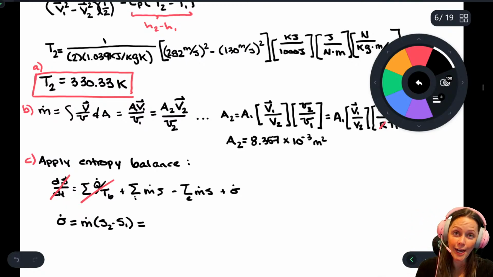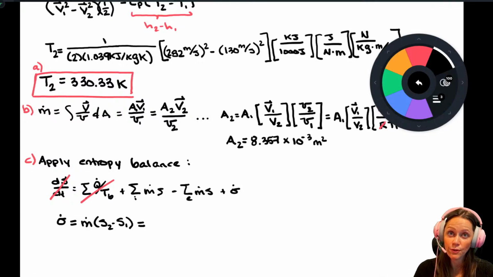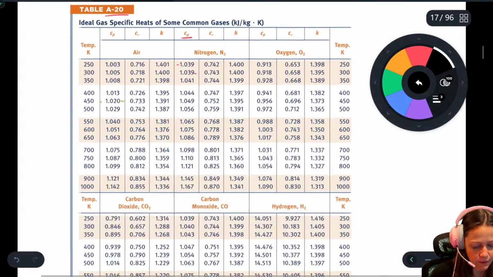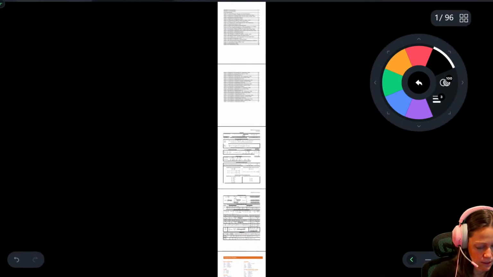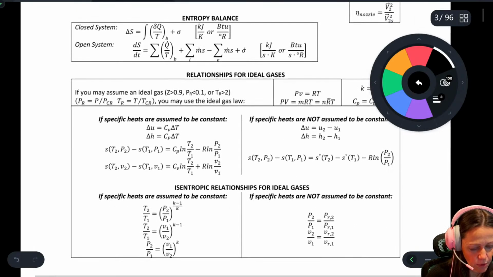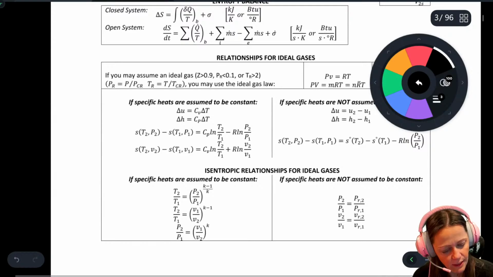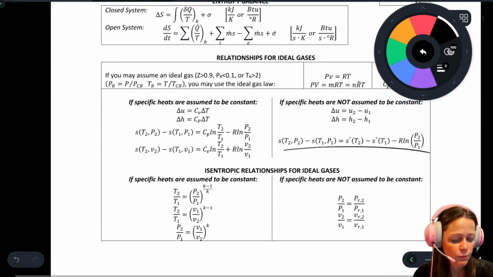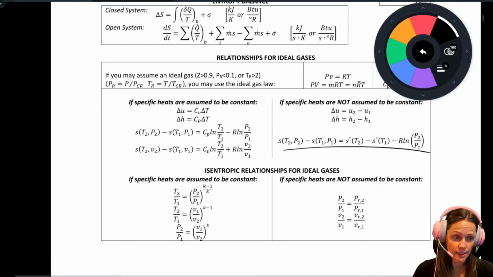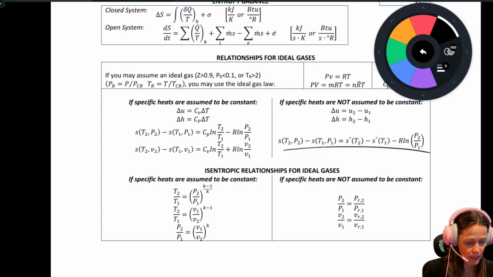So I've got this ideal gas, and we have a very specific way of defining the change in entropy for an ideal gas. Remember, we have a couple of ways of defining entropy changes. If we don't assume specific heats are constant and we have an ideal gas, we're going to use that equation I just underlined.